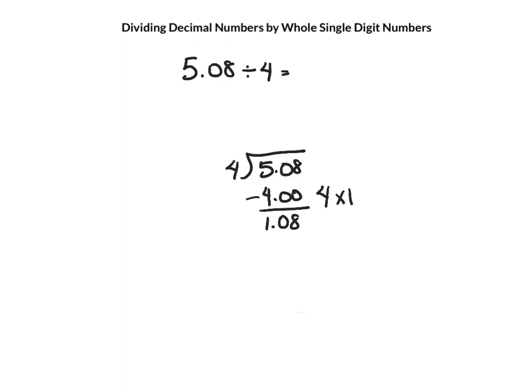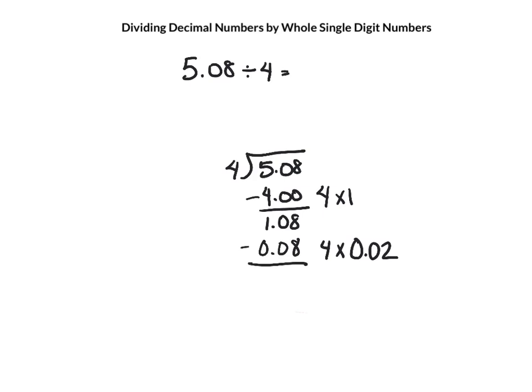So now I'm going to look at that. I'm going to look at the 8 next, because I know that if I double 4, then I would get 8, but I'm looking at 8/100. So if I were to multiply 4 by 2/100, then I would get 8/100.